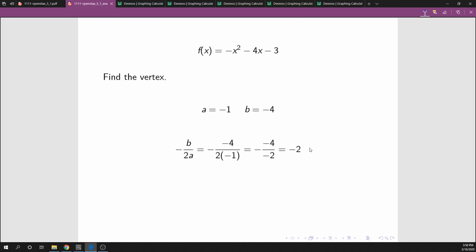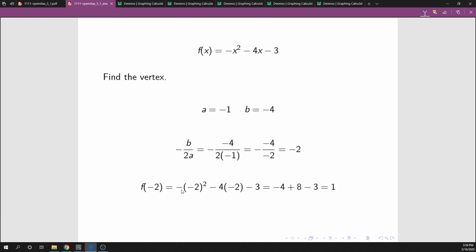Then I take this -2 and plug it in for x into the original. Here's the tricky part, where I'm plugging a negative number into x squared, and I also have this negative out in front. You have to be careful about that. The solution is to use the order of operations.